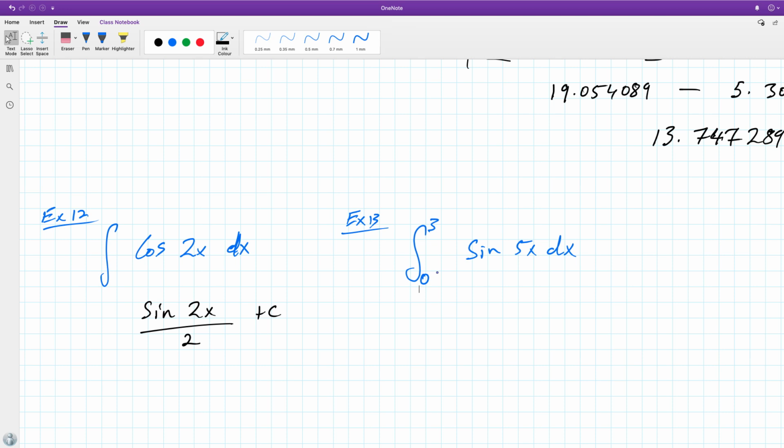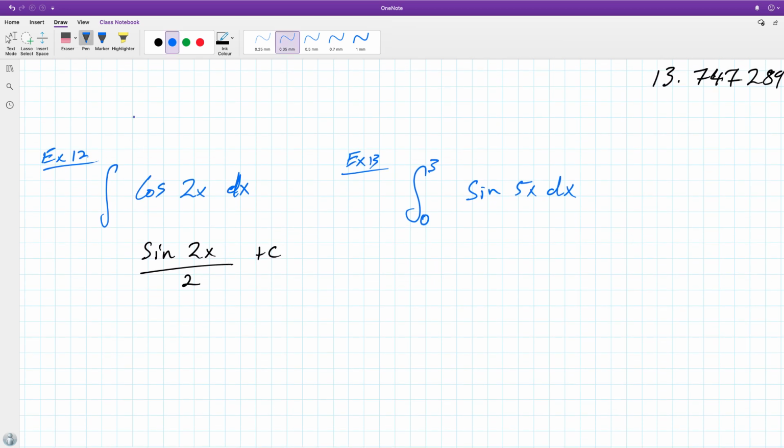Right, so we integrate this, and we integrate sine, and we get minus the cos of 5x over 5 between 3 and 0.